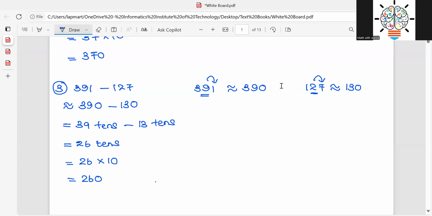My steps, right? So you mark the tens place and look at the next number.